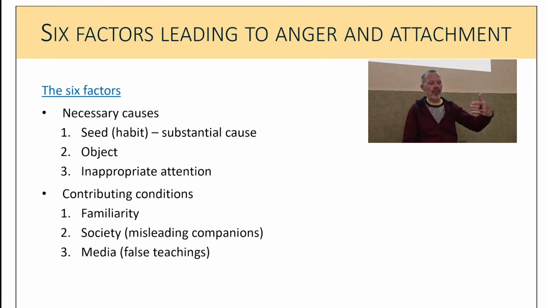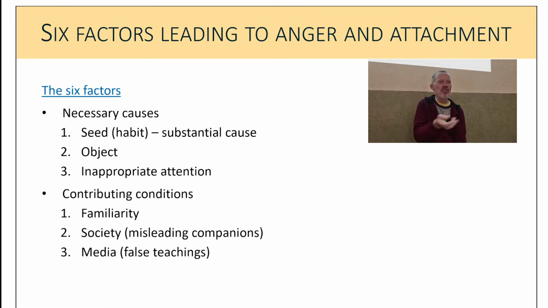But there are three other things that can contribute to anger, attachment, and other mental afflictions arising. The first is what's called familiarity. Familiarity here means that if we allow, for example, anger to keep coming up in our mind, if we don't stop it when it comes, maybe it's only small and we go, oh, it's okay, I just feel a bit irritated, I'll let it continue.